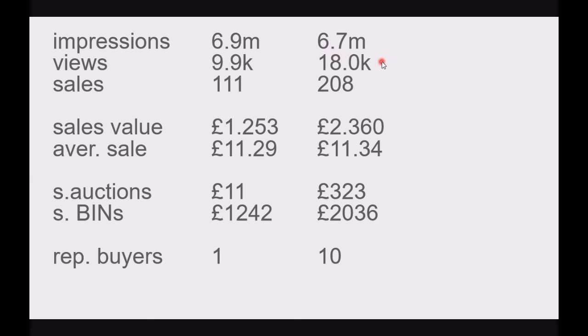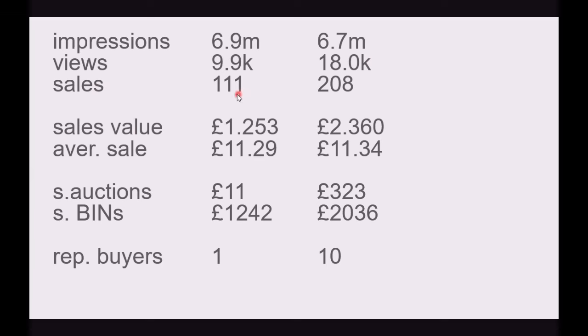The only way you can achieve that is by moving your items higher in search results. If you have the same amount of impressions and you are getting twice as many views, it means that your items are higher. Your items are in the top, not in the bottom.